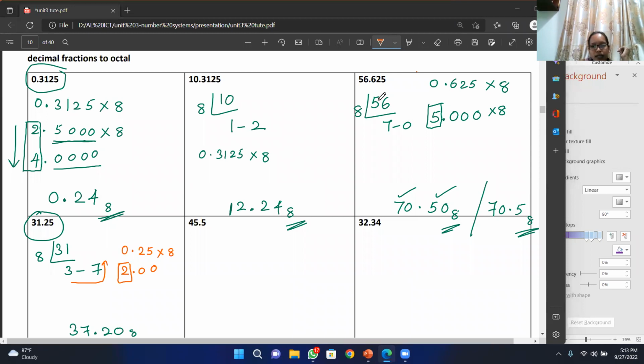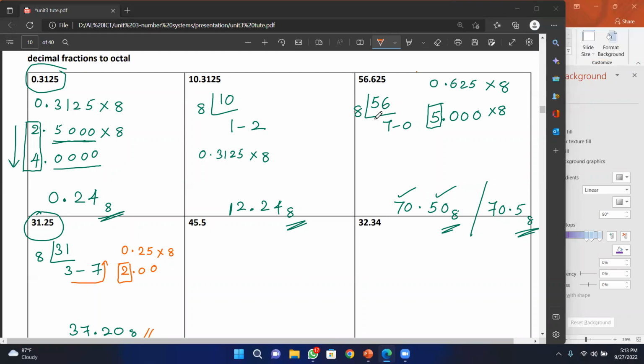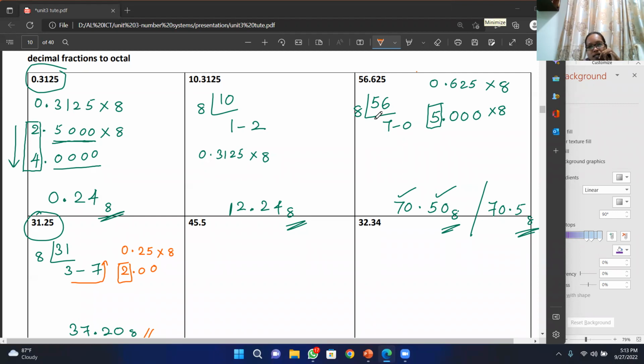Now let me check it here. Yes, 37.2. So now, next one, 45.5. I got 55.4 to the base 8. I also got the same. Who is this? Same. Sanura, yeah. Sanura has taken, Rahik has taken, Sinquan has taken, Shivani has taken, right.